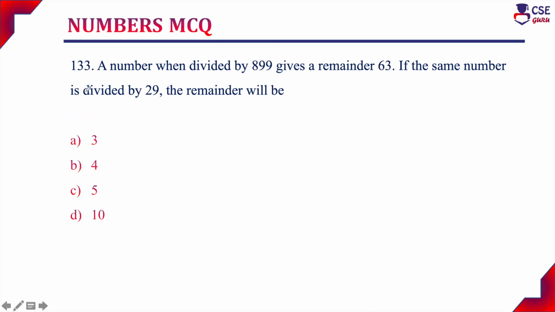Next, problem number 133. A number when divided by 899 gives remainder 63. If the same number is divided by 29, the remainder will be? This is also similar to the previous problem. The solution: dividend is divisor into quotient plus remainder.